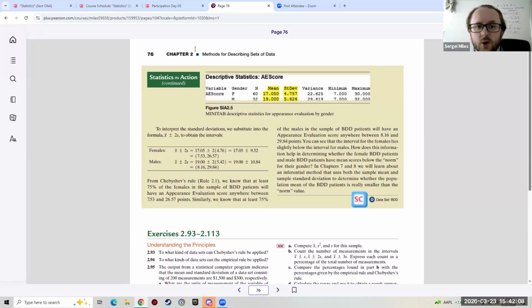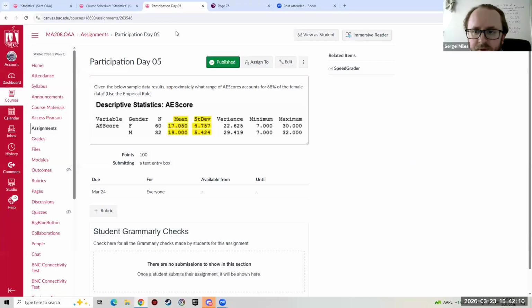All right. So let's go ahead and look at participation day 5. Here we're given the question: given the below data results, approximately what range of AE scores accounts for 68% of the female data using the empirical rule?